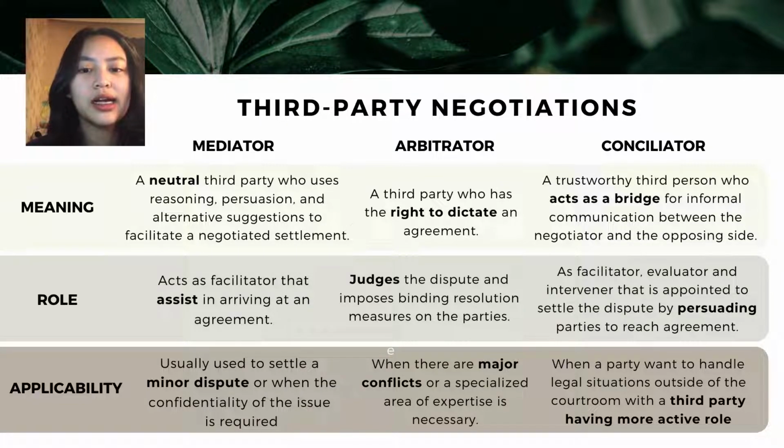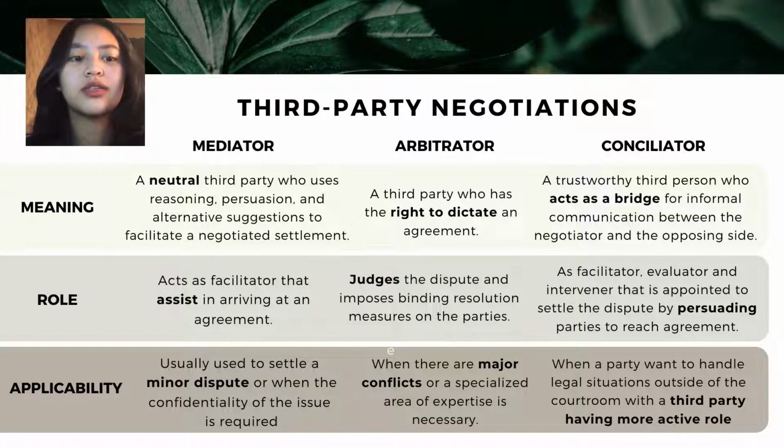An arbitrator acts more like a judge, deciding the result of a disagreement based on facts and law given in arbitration so that the decision may be enforced in the same way that a court order can. An arbitrator gains importance in major conflicts or when a specialized area of expertise is necessary.